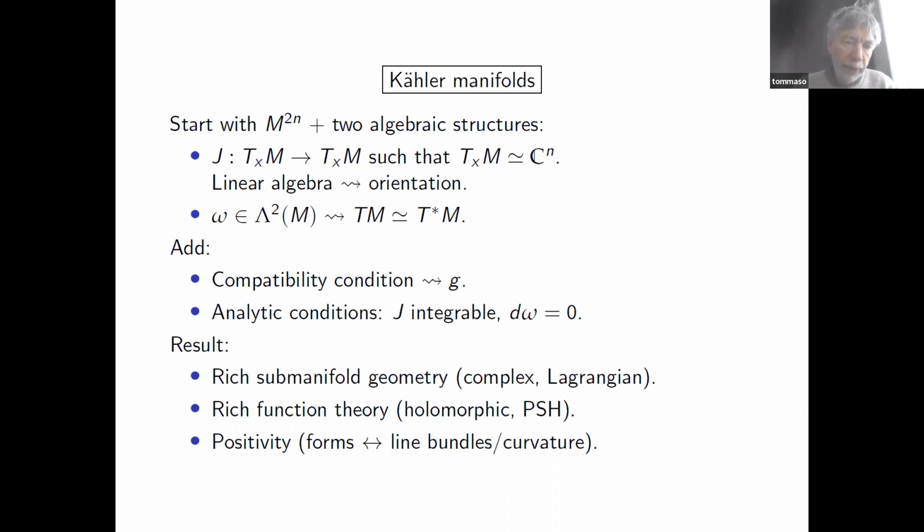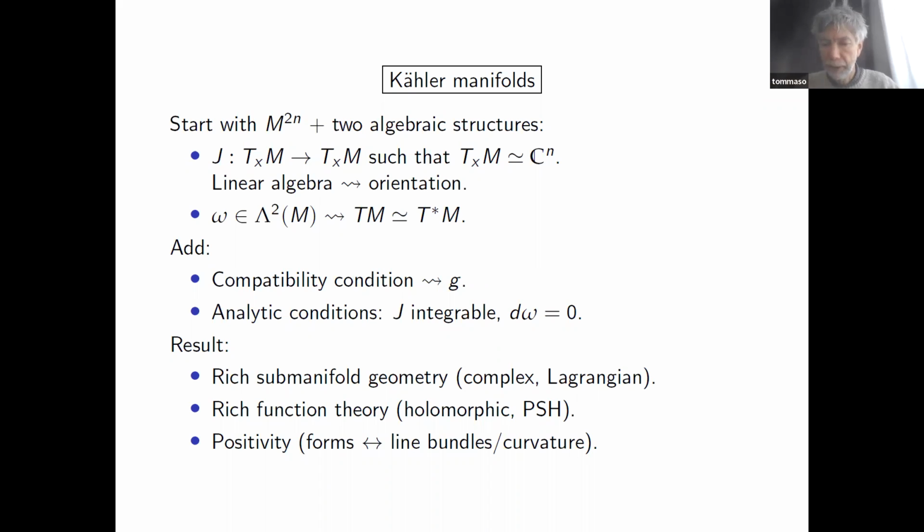And so out of this, what we get is an extremely rich geometry, both from the point of view of submanifolds, because we have, for example, several different categories of submanifolds to play with. Complex and Lagrangian, you should think of as two opposite categories, two extreme opposite types of submanifolds inside a Kähler manifold. There's also a very rich function theory, because we can talk both about holomorphic functions and also about plurisubharmonic functions.